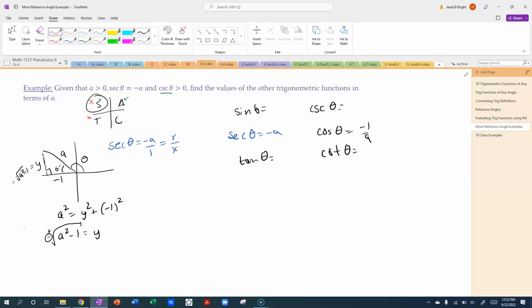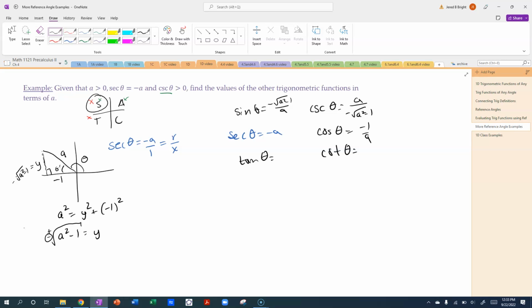And now I can use my diagram to help me out. So sine of theta would be, again, I'm using theta prime because I'm incorporating the sign, negative square root of a squared minus 1 all over a. Take the reciprocal for cosecant, negative a over square root a squared minus 1.